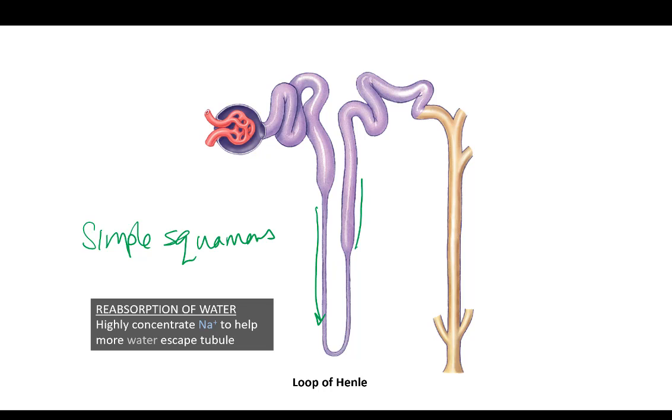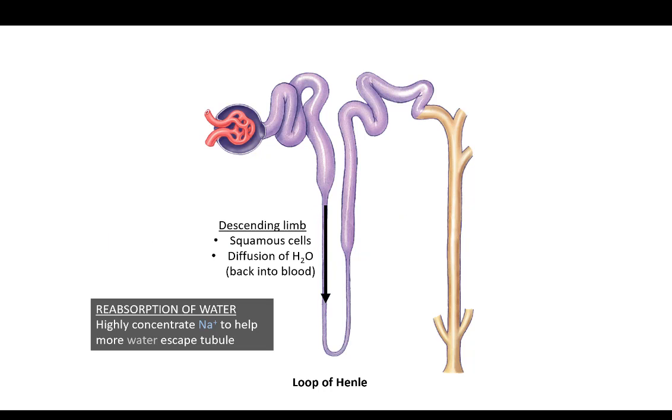And then we have our thicker ascending limb, and this is where we'll have simple cuboidal, because that's where the pumping is going to take place, where the simple squamous is where the diffusion is going to take place. So we have here descending limb, simple squamous cells. They're flat, ideal for diffusion. And then we have the ascending limb, cuboidal, because it's thicker and ideal for pumping.